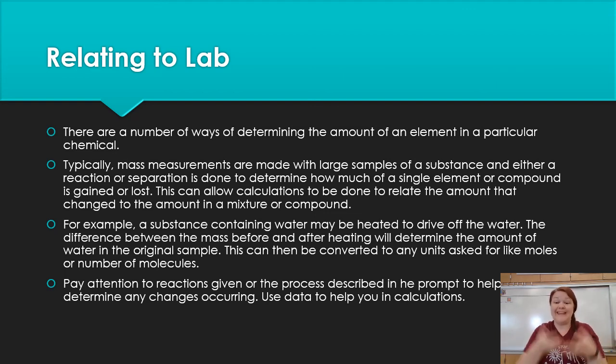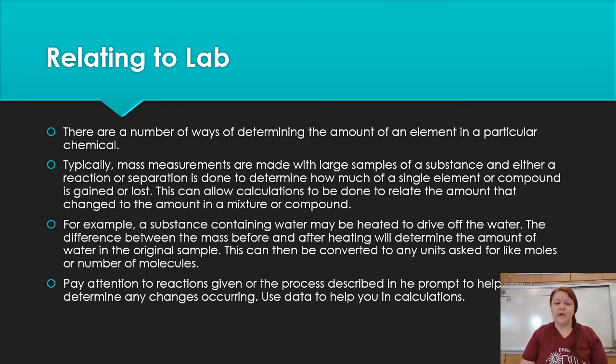We can heat that up and boil away the water. The difference between your mass before and your mass after heating will determine the amount of water in your original sample. We could take that mass of water and convert it to moles, or to molecules of water, using the tools that we've gained through this.